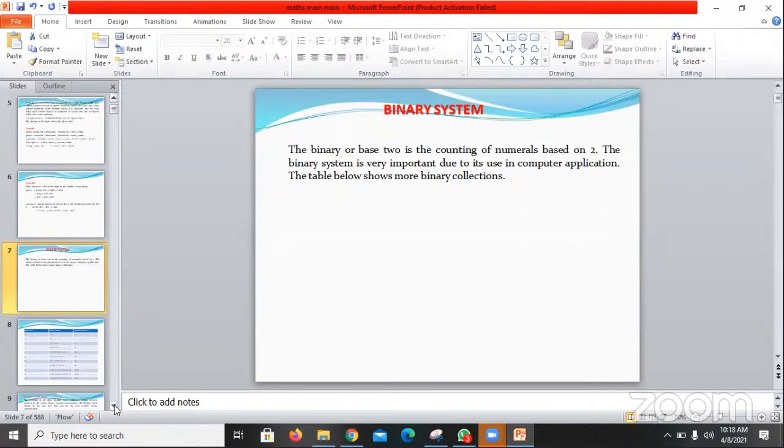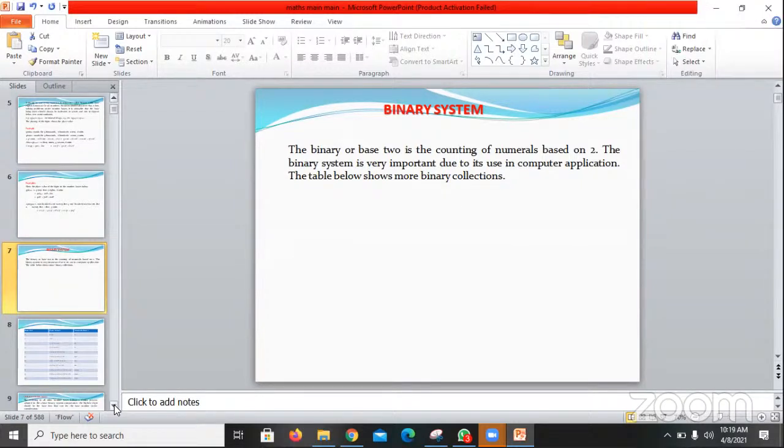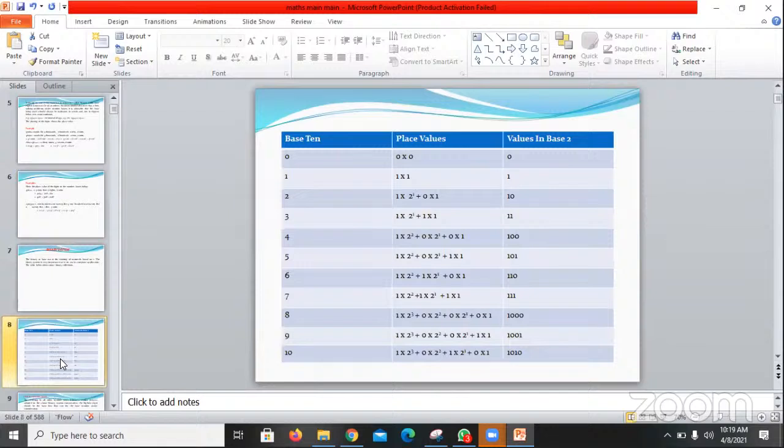Good. So you have denary and binary. Those are the two most important, but other ones are also important. They find use in other areas of application. Even in computer science, you can also have hexadecimal and octal. But the two most important are binary and denary. Are we clear on that? Yes, sir. Okay, so let's move forward.